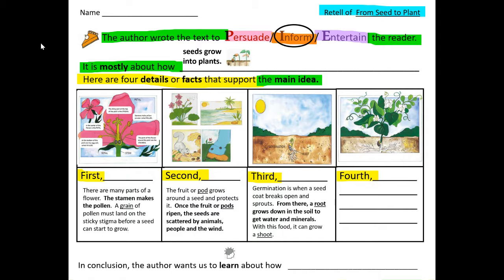Fourth, what part of the plant makes the seed?